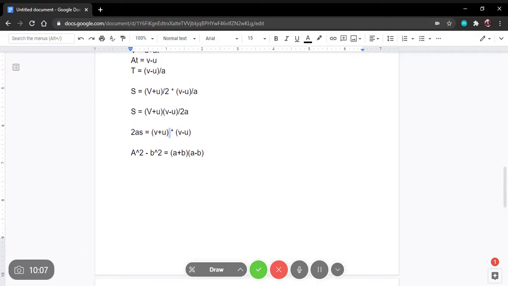Therefore, v plus u into v minus u is equal to v squared minus u squared. And hence, we have derived the third equation of motion. v squared minus u squared is equal to 2as. We bring 2as to the right hand side and these two to the left hand side, and hence we have derived three equations of motion.